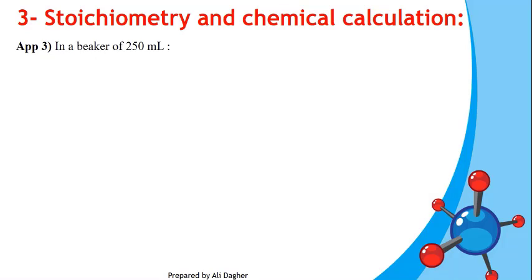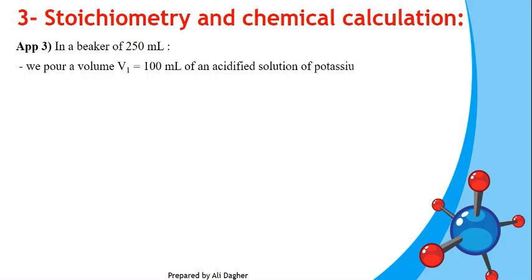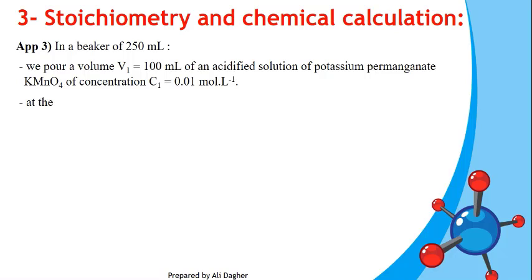Application. In a beaker of 250 milliliter, we pour a volume V1 equal 100 milliliter of an acidified solution of potassium permanganate, KMnO4, K+ MnO4-, of concentration C1 equals 0.01 mole per liter.